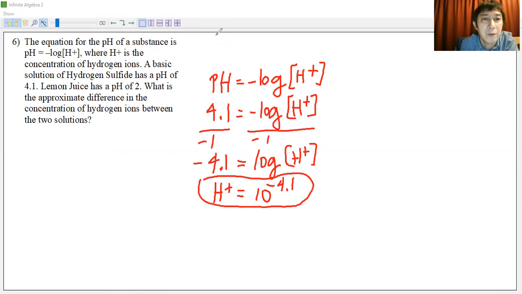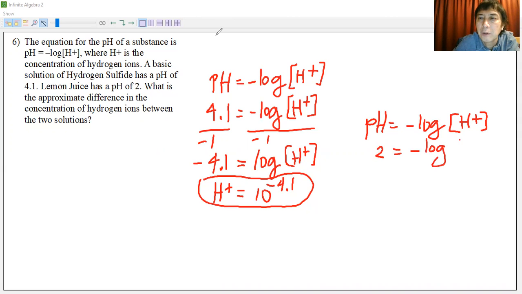Let us now make use of the second. Lemon juice has a pH of 2. So we use the same formula: pH is equal to negative log of the hydrogen concentration, and this is now 2 for the lemon juice. This is negative log, the same H plus there.